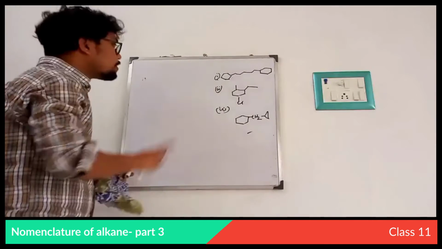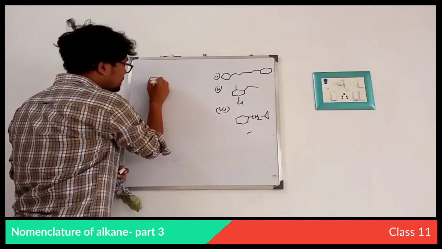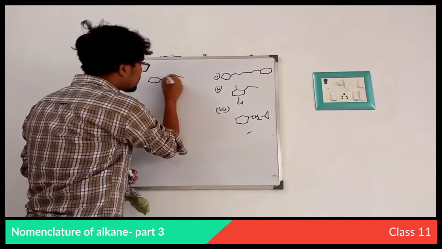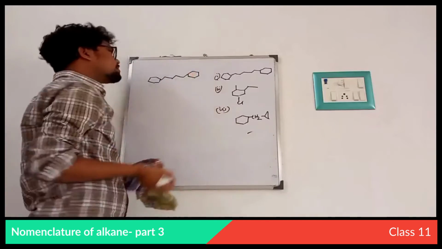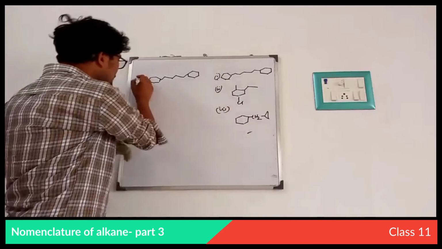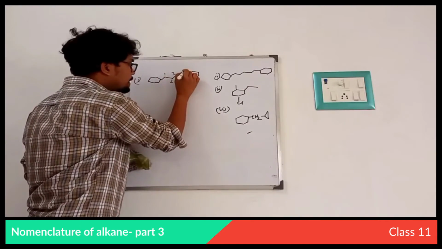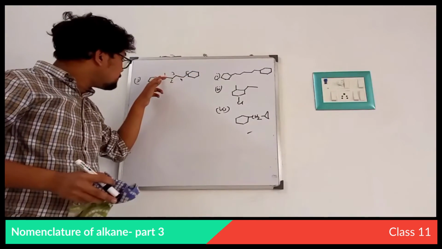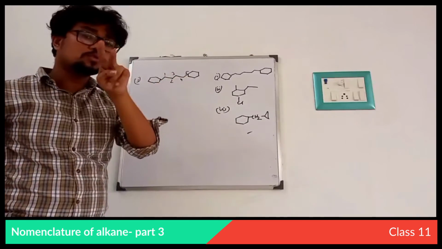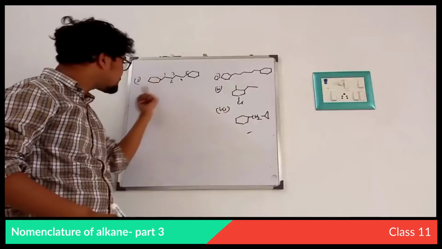Now, the first problem is very interesting. This is our first problem. Okay. Here, the open chain has 1, 2, 3, 4 and 5 carbons. Now, at positions 1 and 5, a cyclohexane 6-member ring is present.